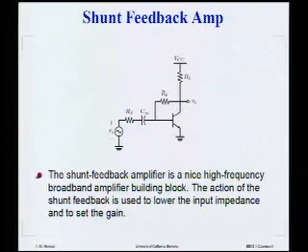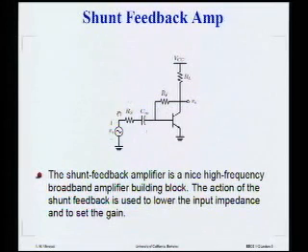One of the simplest feedback amplifiers is a shunt feedback amplifier. It's simple because it's a single stage amplifier. Because the feedback is shunt with the input and shunt with the output, we call it simply a shunt feedback amplifier. What this amplifier does is it senses the output voltage and feeds back a current to the input.